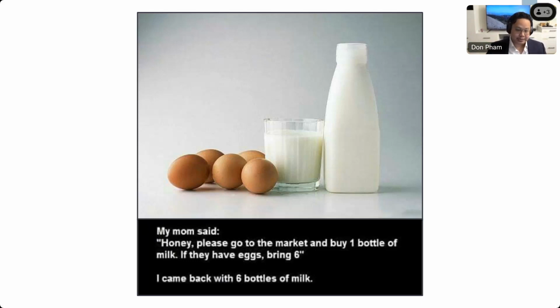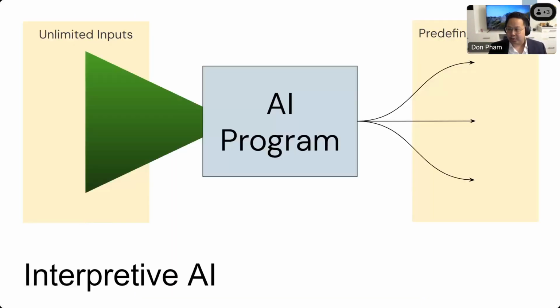The next iteration is what I call interpretive AI, where you have unlimited inputs, but there are still predefined responses. Taking the previous analogy forward, today, if you call certain companies for customer service, they'll say something like, "In your own words, please tell me a little bit about what your issue is."